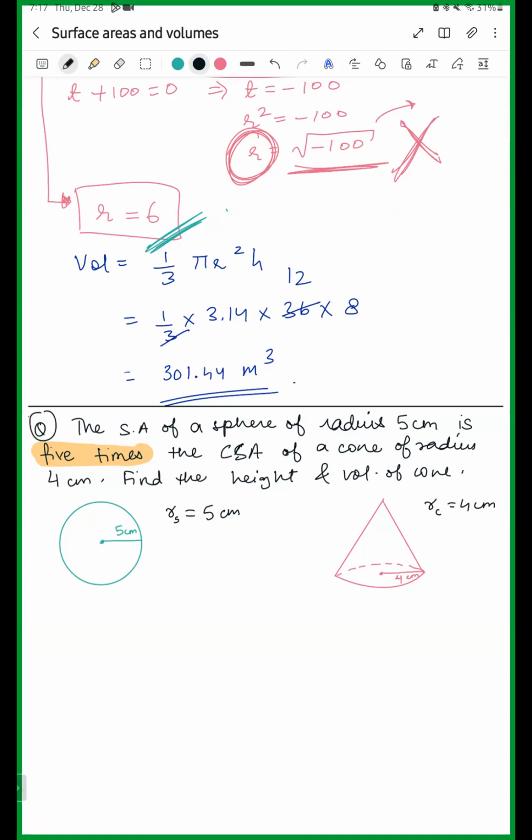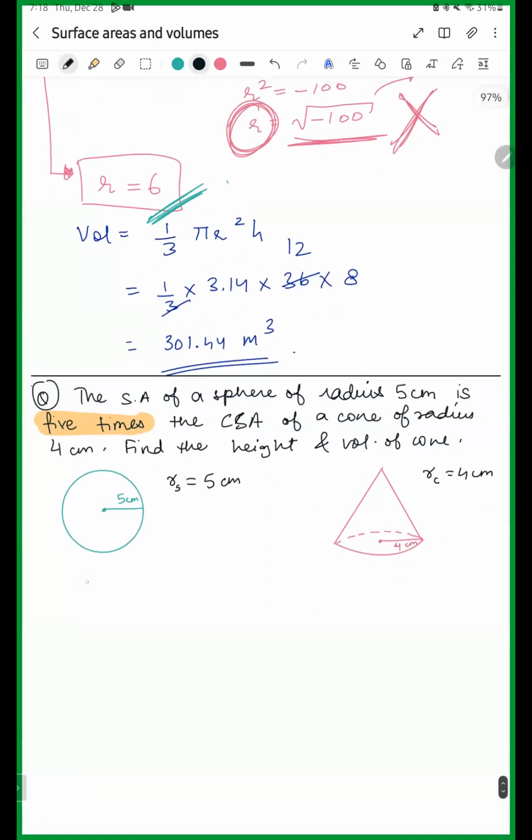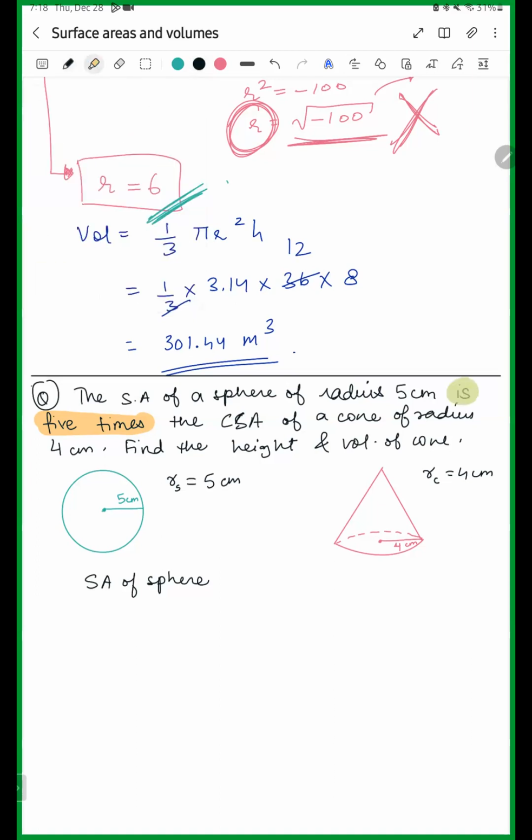Surface area of sphere of radius 5 centimeters is 5 times. So surface area of sphere is... Now always remember, when they say the word is, it translates to the symbol equal to.